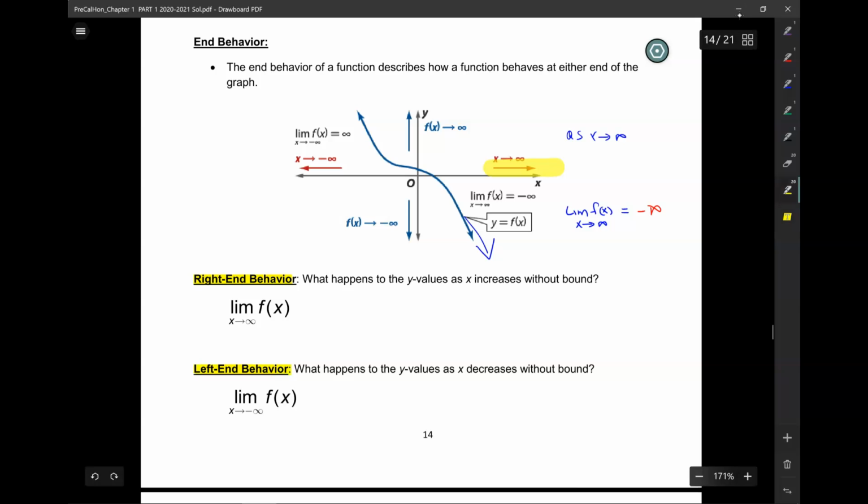As x approaches negative infinity, as you go to the other side of the universe, what's happening to your y values? Oh, they're going up. So we say the limit of f of x as x approaches negative infinity is positive infinity.